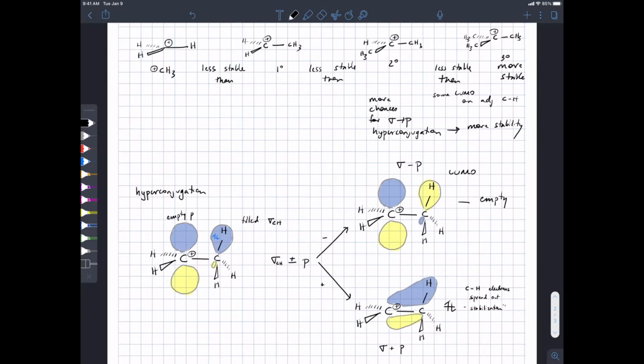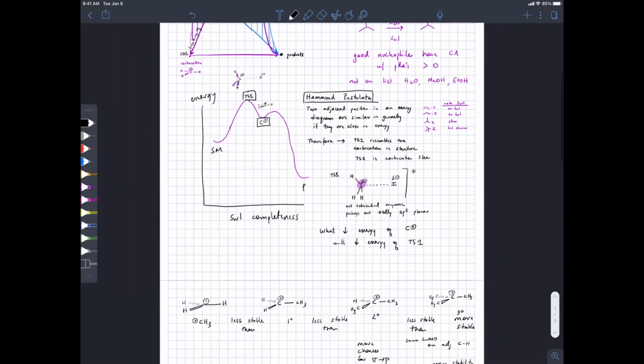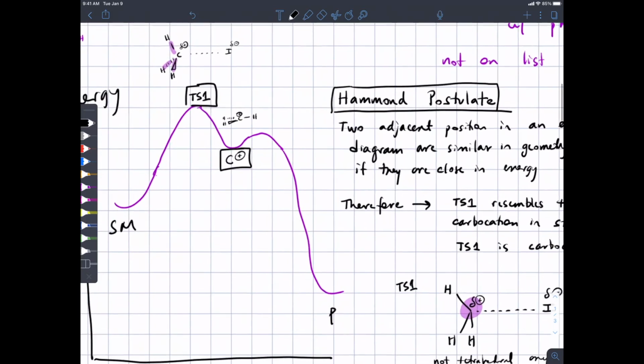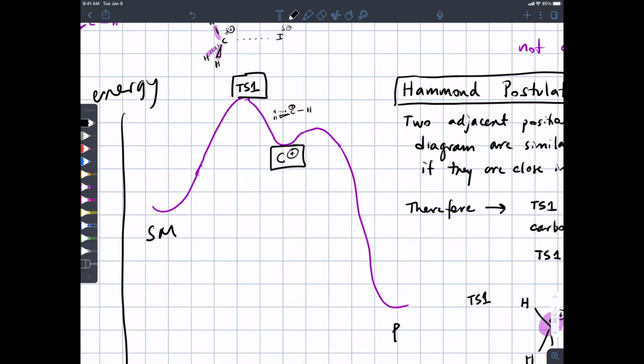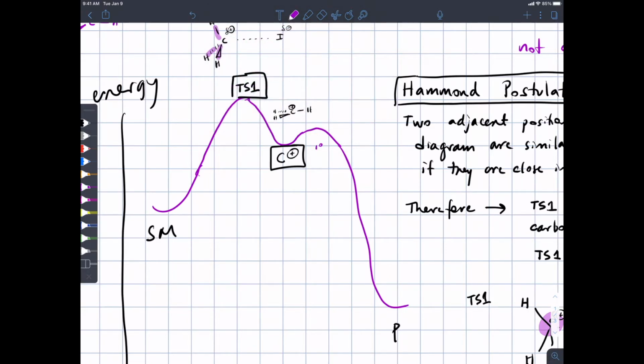All right. So now applying what we just talked about for the Hammond postulate, if going from primary to secondary to tertiary lowers the energy of the carbocation, going from primary to secondary to tertiary will also lower the energy of the transition state and will accelerate the rate.